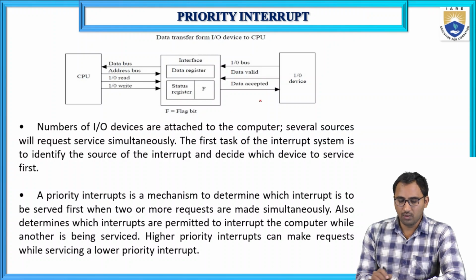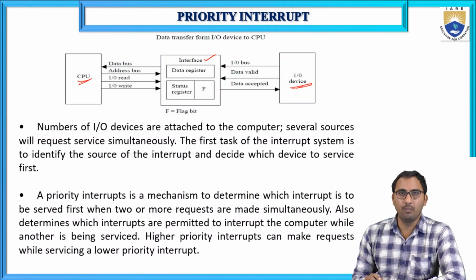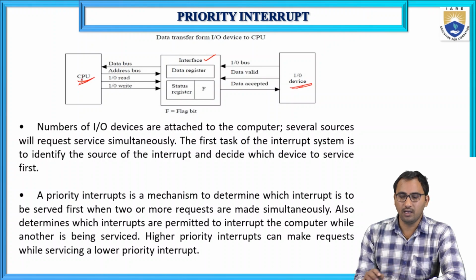This is the scenario: this is a CPU, this is an interface, and this is an I/O device. As we know, the I/O device cannot be connected directly with the CPU, because there are some differences between the central processing unit and the I/O device.